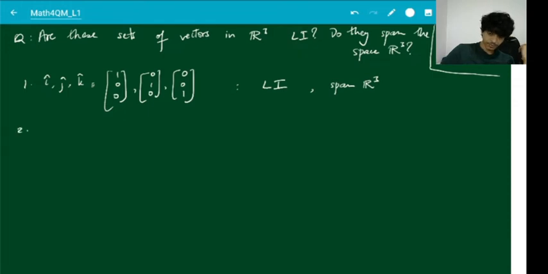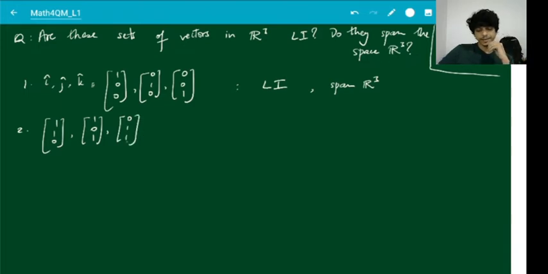Okay, good. Let me take one more set. What if I take 1, 1, 0; 1, 0, 1; 0, 1, 1. Are these linearly independent? I want you to work it out, check it yourself, and show that they are linearly independent. And do they span all vectors in R3? How will you check that?